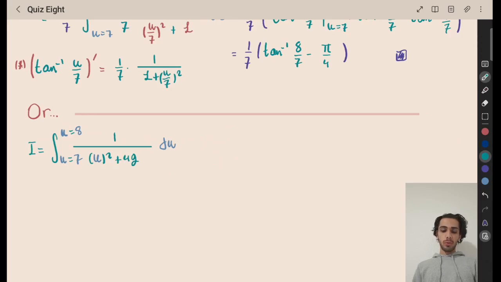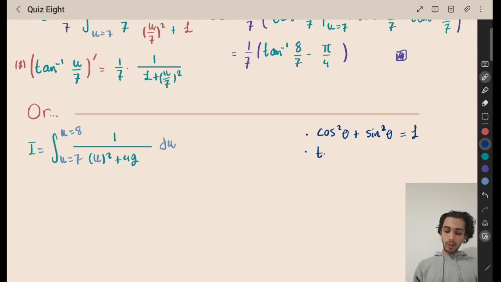And so two identities will be your friend. The first one is cosine squared of theta plus sine squared of theta is equal to 1, and tangent squared of theta plus 1 is equal to sec squared of theta.